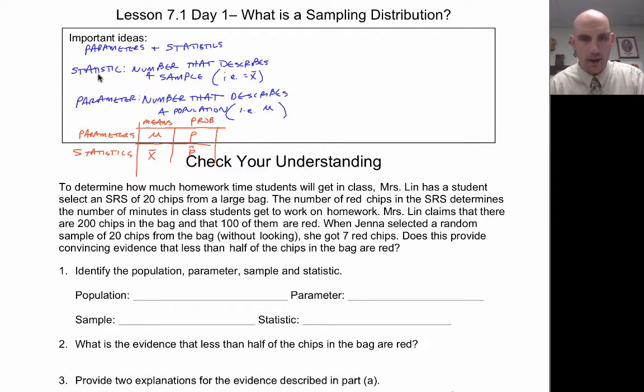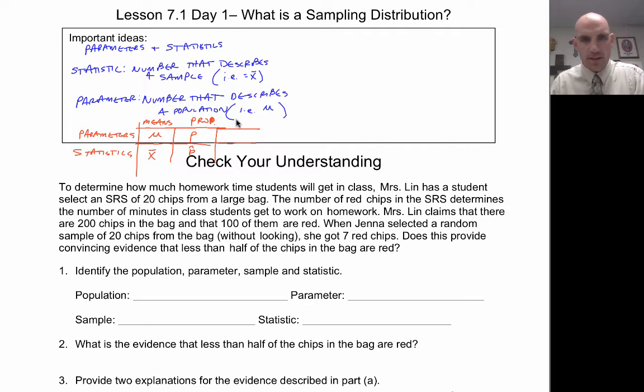Oh, probability. I wrote probability. This should be proportion. Proportion. So the proportion of a parameter is the proportion of the entire population. The proportion of a sample would be P with a little hat over it. P hat. Looks like a little hat.